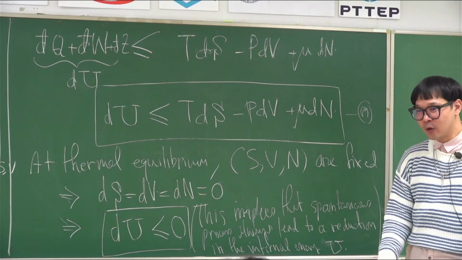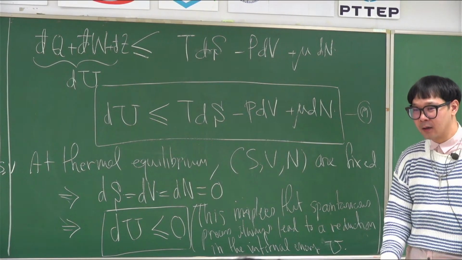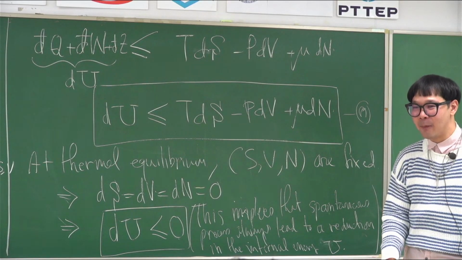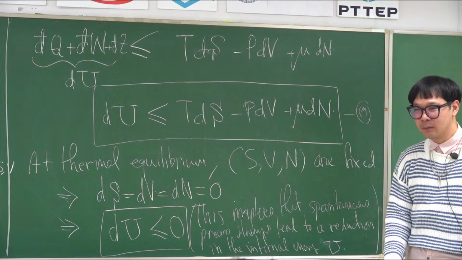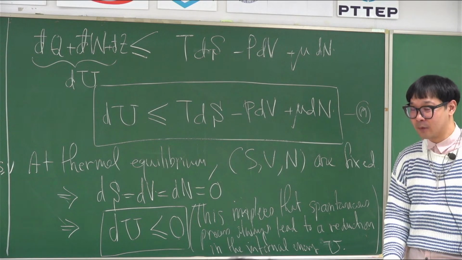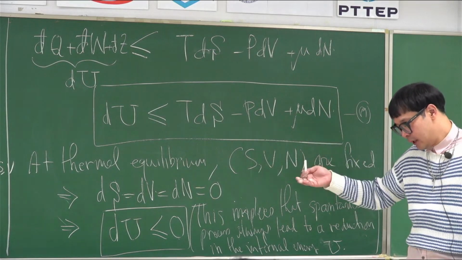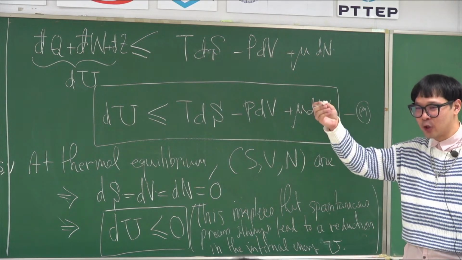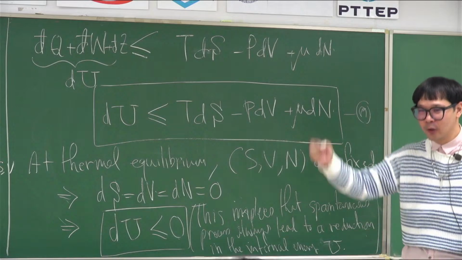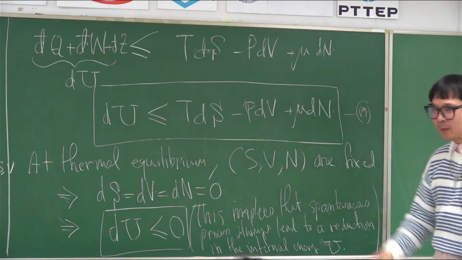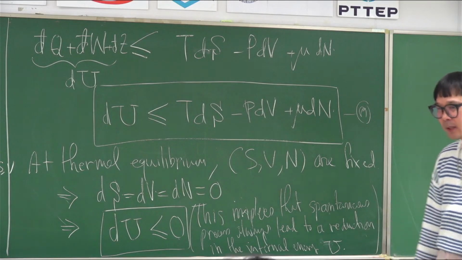It means that your system always prefers to be in the state of minimum potential energy. That is another way that you can say why the chalk has to go down, because it prefers the state of the minimum energy.